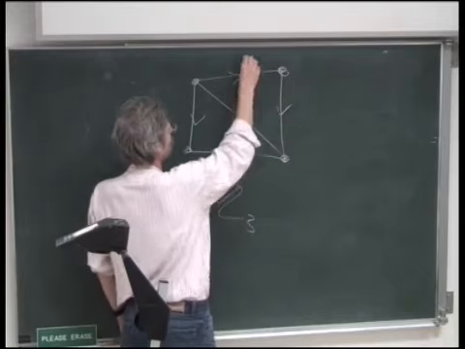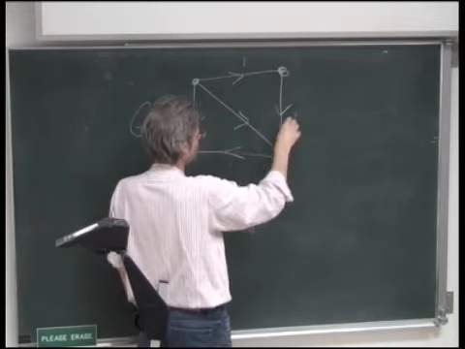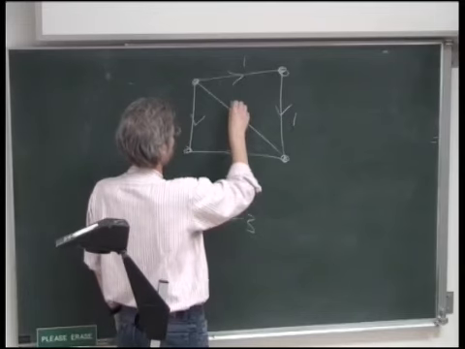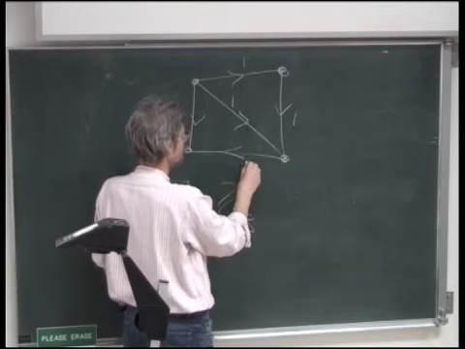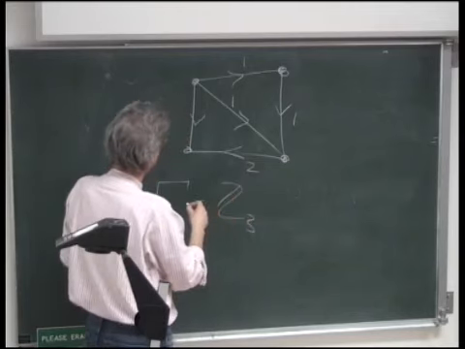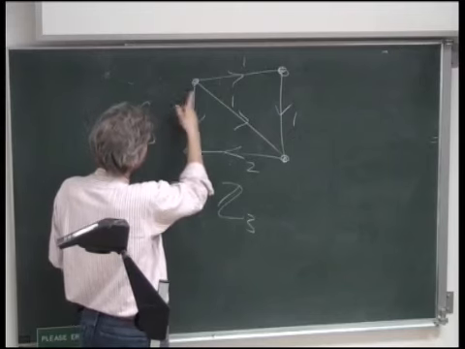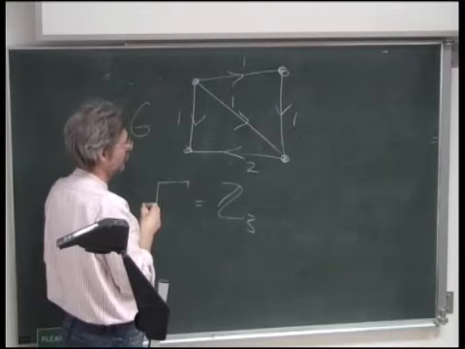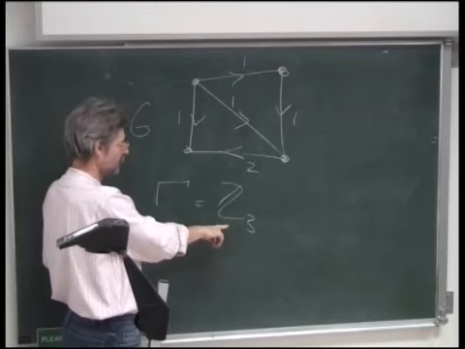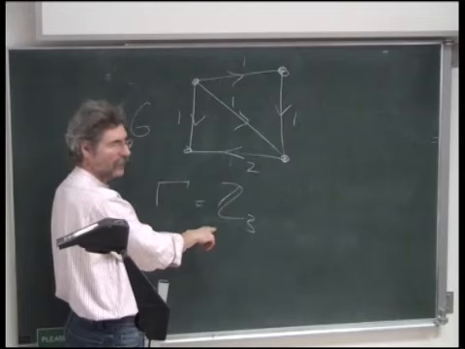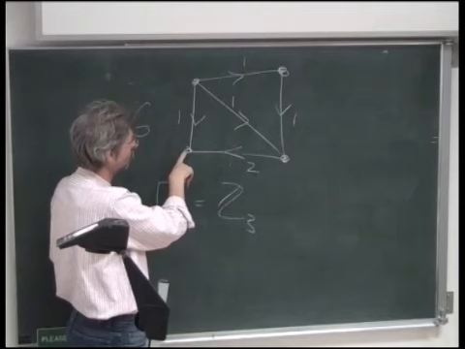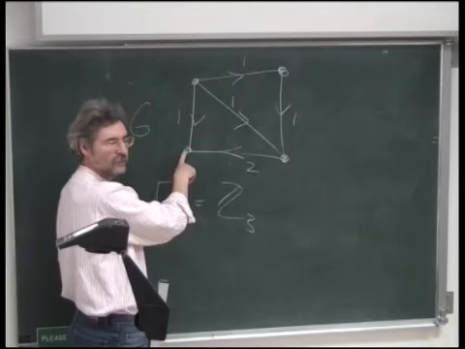So I can put 1 here, and 1 here, and 1 here, and that will force me to put a 2 here, and it will also force me to put a 1 here. So this is an example of a Z3 flow. Here we have the flow in, which is 1 plus 2, which is 0 mod 3.